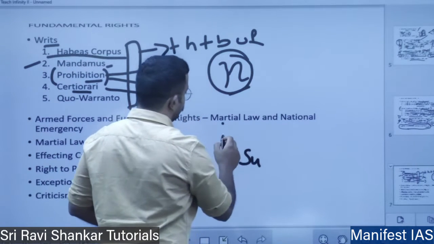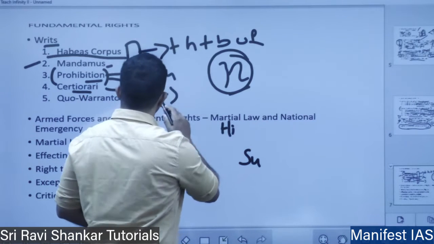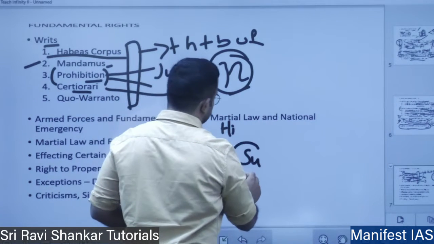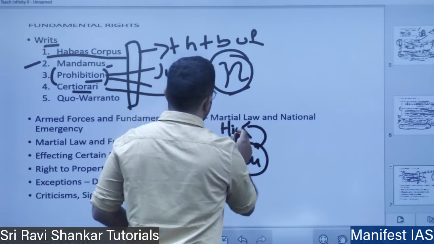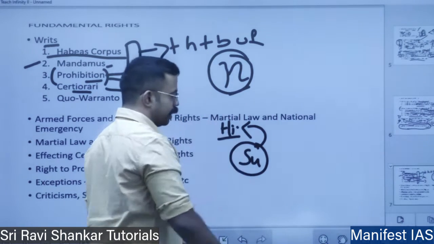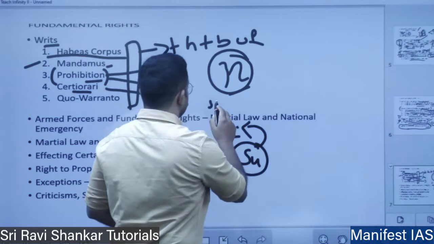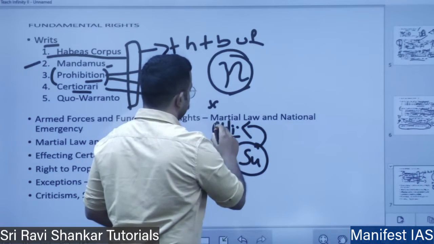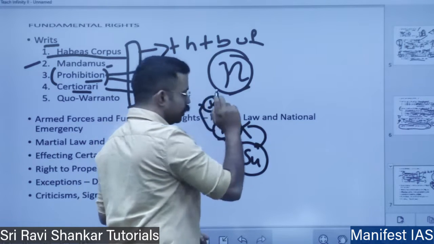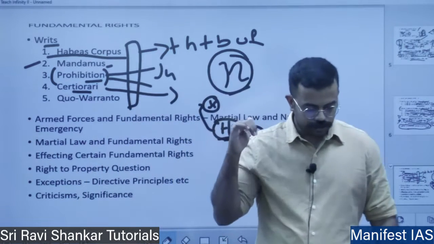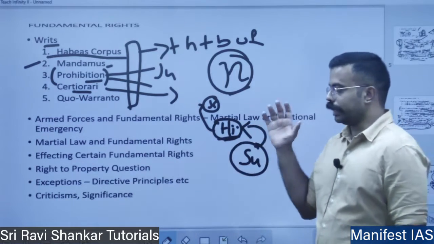The High Court issues this writ, that is the certiorari writ, to take the case out of the subordinate court and dispose of it by itself. Likewise, the Supreme Court can issue it to take the case out of the High Court and dispose of it by itself. So, this is the use of the writ of certiorari.